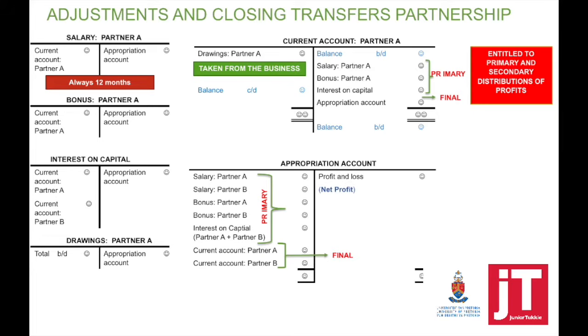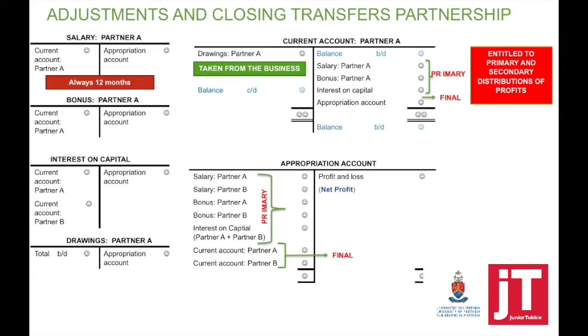The remaining is divided into a specific ratio, and that is taken to the current account. Please be aware that it could happen that the remaining is a loss. We share the profits and we share the losses in a partnership. So if that happens, it means that figure will appear on the credit side in my appropriation account. For every credit, there is a debit.